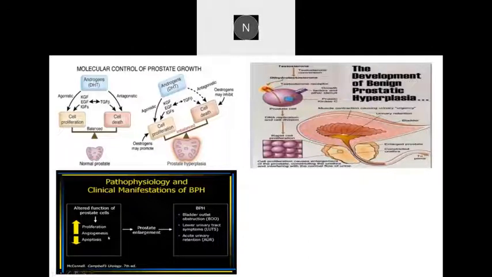The bleeding occurs because there is not only an increase in the transitional zone cells, but also angiogenesis, and there is decreased apoptosis or cell death, which results in prostate enlargement. And this can manifest in three forms.